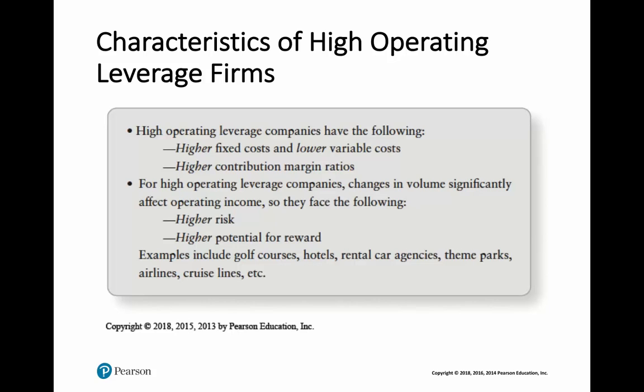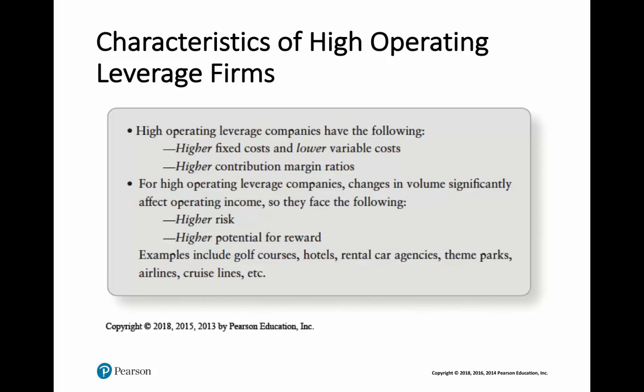Whereas if they have a year with $5 million of sales, they're going to have a much higher profit because they're going to absorb that $1 million of fixed expenses. After that, they're not going to have a lot of expenses, so a lot of that additional revenue over that $1 million of fixed expense is going to be more and more profit.